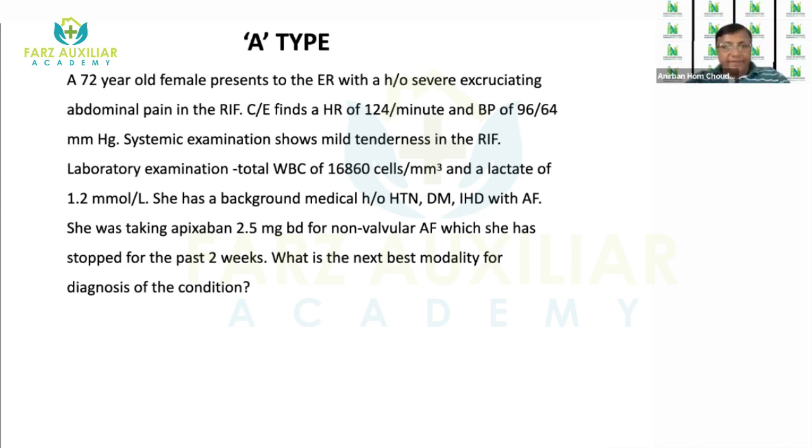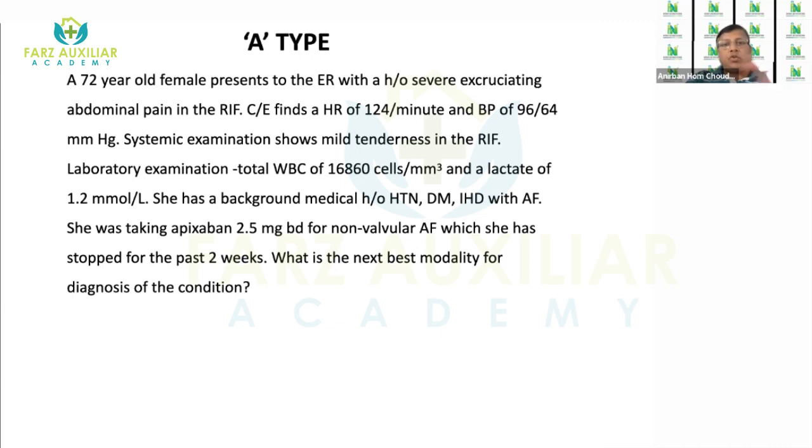Let us start with this A-type question. A 72-year-old female presents to the ER with a history of severe excruciating pain in the right iliac fossa. Clinical examination reveals a heart rate of 124 per minute and a blood pressure of 96/64 millimeter mercury.